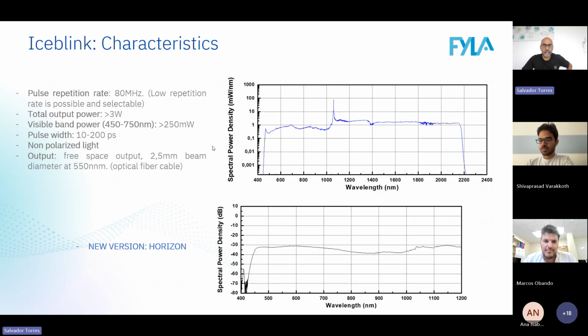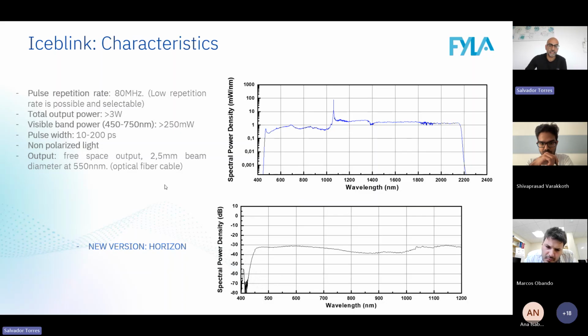We managed to generate light from 450 nanometers up to 2200 nanometers with a very flat spectrum, and with the characteristic peak at 1060 nanometers corresponding to the pump wavelength. This is an old graph. This year we have released a new version called Horizon, in which we have made modifications to eliminate the peak at 1060 and have more energy in the visible part of the spectrum.